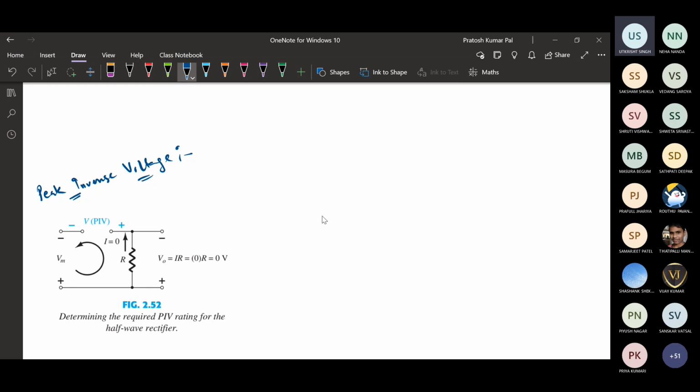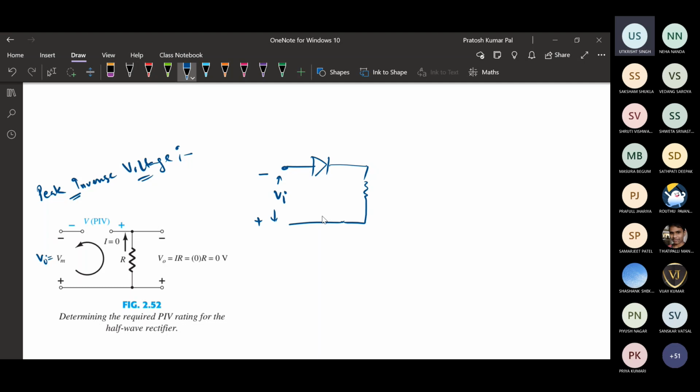Whatever voltage we calculate, we calculate it such that we provide the input in the reverse bias case. So the input we are providing is the maximum input Vm, biased in reverse. This was the circuit, and we are applying the input here. We are providing the input in the negative direction, which means we are reverse biasing this diode. Once reverse biased, the diode will be an open circuit, and across this open circuit we will have a voltage, the PIV, the peak inverse voltage.